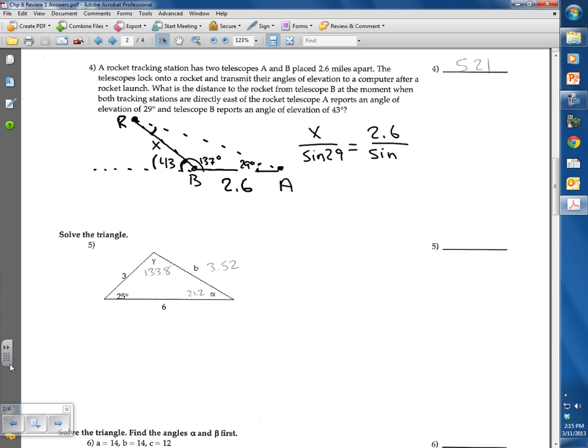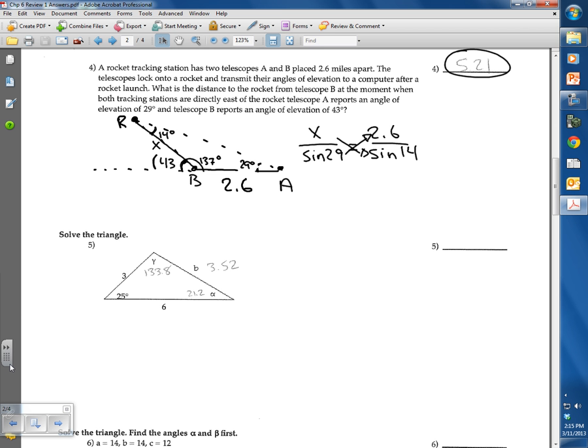Minus the 29 is going to be, what do we got? 43 minus 29, 14 degrees. So sine of 14 degrees, cross multiply there, divide, we end up with 521 is our distance for x.